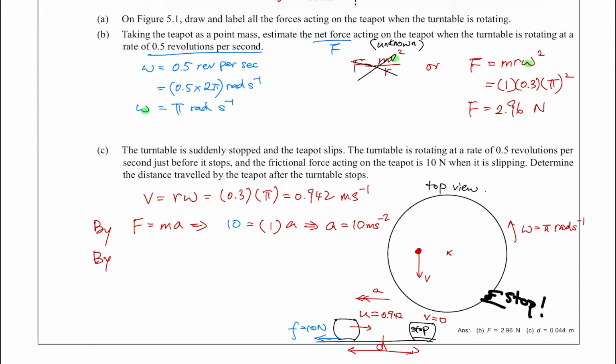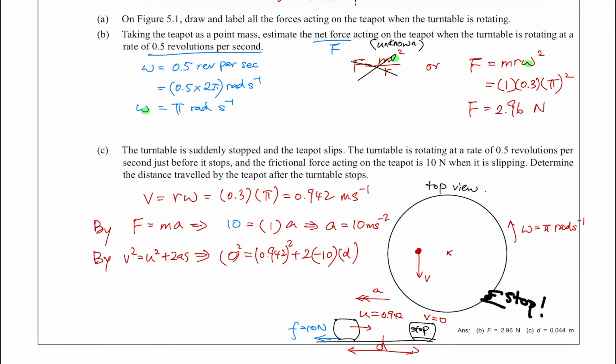Once we know the acceleration, we can make use of the equations of motion. v squared equals u squared plus 2as. So v squared is the final speed, which is 0. u squared is 0.942 squared, plus 2a. Because it's decelerating, I will add a negative sign to the acceleration. And the displacement here is d.